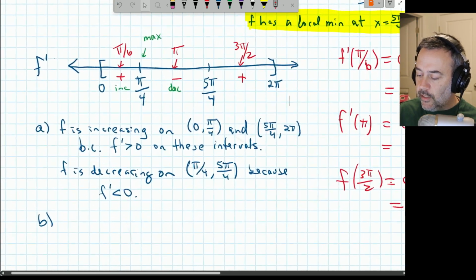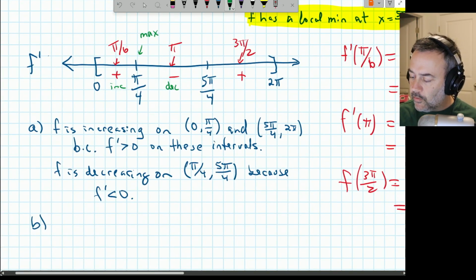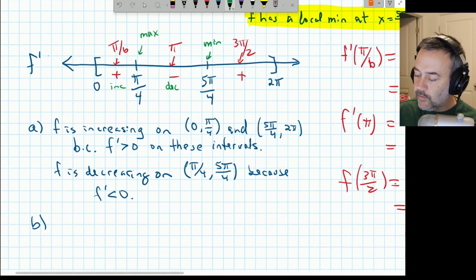And this would be a min because f switches from decreasing to increasing.